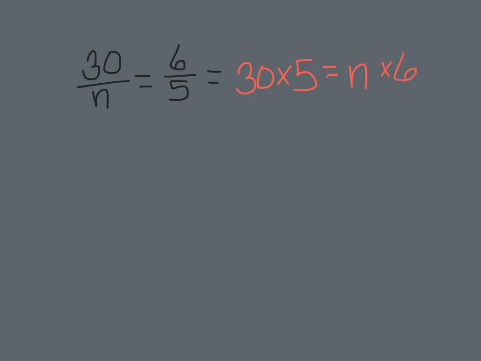So that breaks down to 30 times 5 equals 150, which equals 6n. Then I'm going to divide both sides by 6. So these cancel out, and I'm just left with n on this side. n equals 150 divided by 6, which equals 25. So 25 is the answer to that equation.